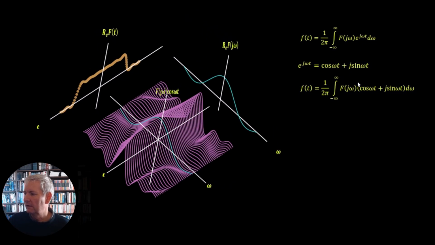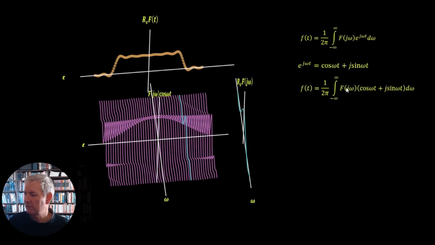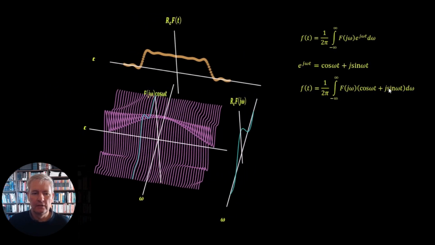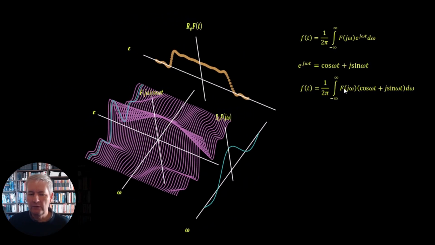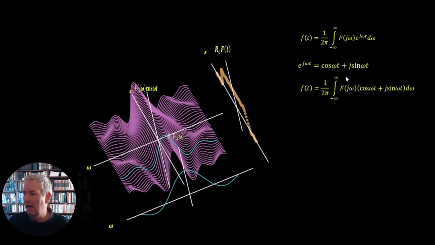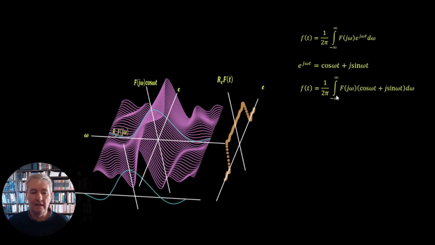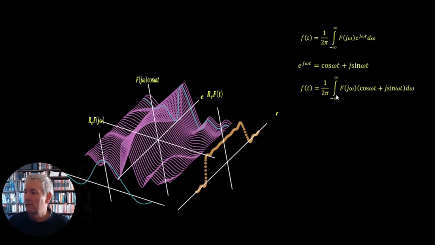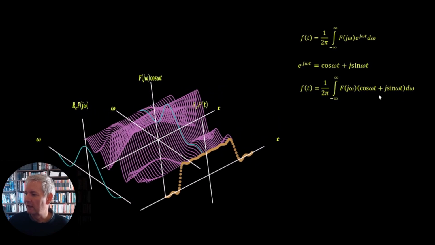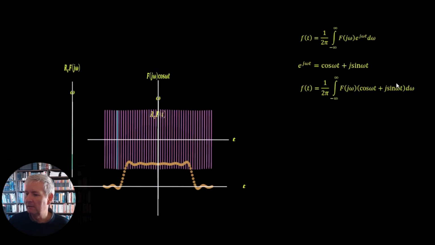Now, this F of j omega is the blue one, which is an even function. The sine function is an odd function. So whenever you multiply an even function with an odd function, you get an odd function. And when you integrate an odd function from minus infinity to infinity, you get the value of 0. So it means we can get rid of this little section of the inverse transform, the j sin omega t.